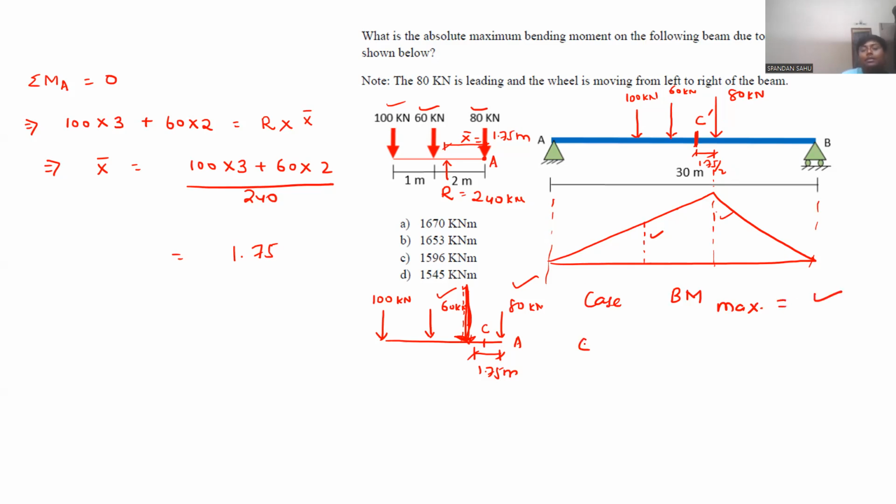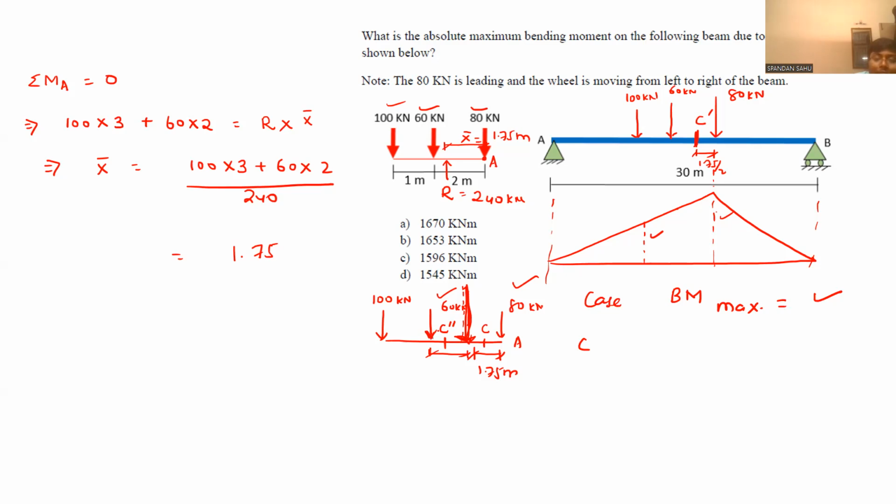Second case, you take between 60 kilonewton and this resultant, this distance is 2 minus 1.75. Take this midpoint, let this be C double prime. Take this C double prime and place it over the midspan point, that is C prime.